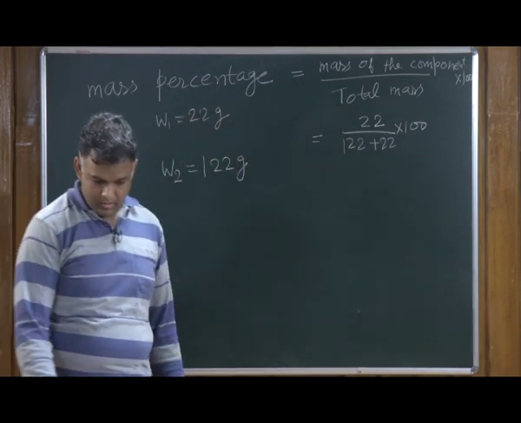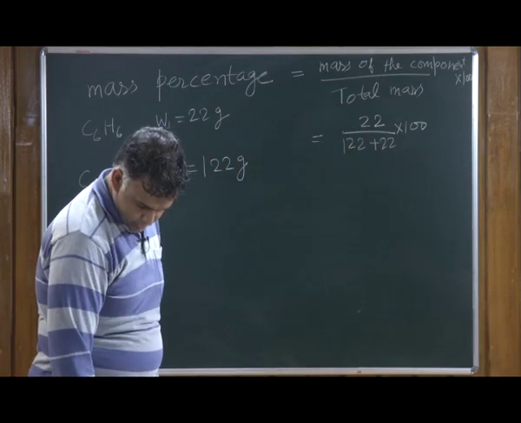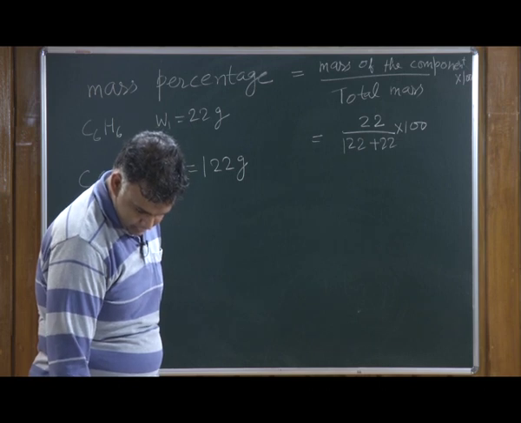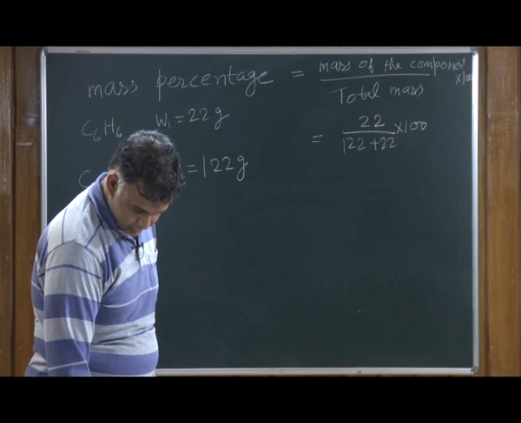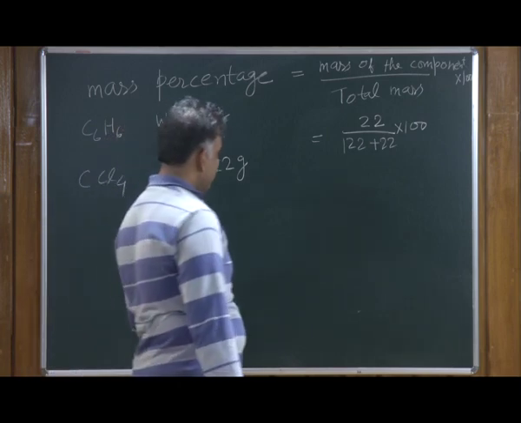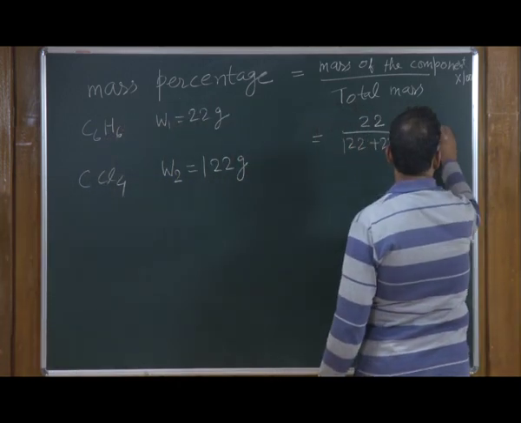So, this would be equal to 22 divided by 144. So, 15.3%.